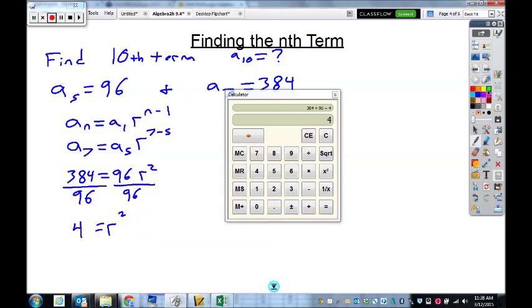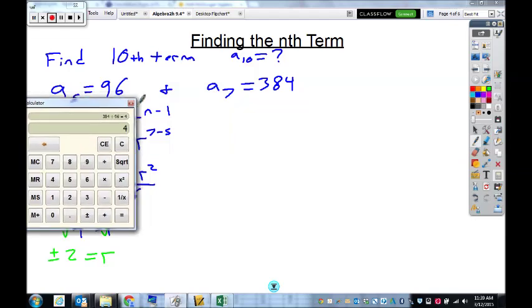And then we know to find r, you just take the square root of both sides. One thing that people make mistakes on, though, is the square root of 4 does equal 2, but remember it equals plus or minus 2. So don't forget that minus. That's what throws people off. So r is going to equal positive and negative 2. So when I plug in, I'm actually going to plug in twice.